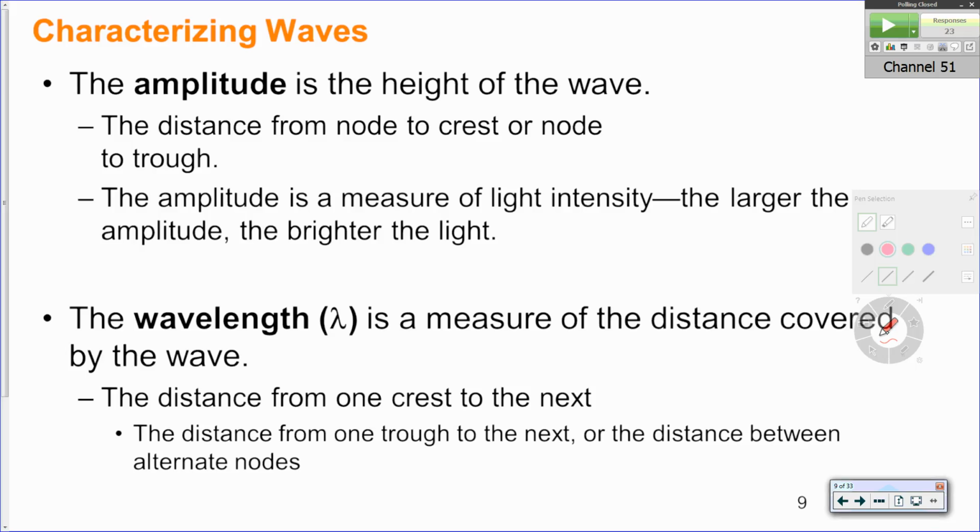Okay, so we start looking at waves and start describing how they behave. We look at the height of the wave is one thing. So how tall is that wave? It's called the amplitude. We look at this in terms of distance from the node to the crest, or node to the trough, so how far it goes up or how far it goes down.